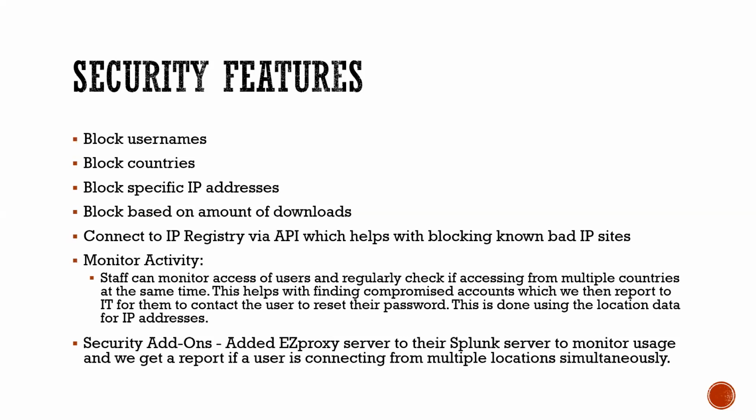And we've also worked with our IT department to add the EZproxy to their Splunk server, which basically notifies us if someone is using the same login from multiple countries within a certain time frame. The nice thing about this is it's given us a little bit of goodwill with our IT department, because we are generally finding compromised accounts at Grand Valley faster than the IT department is, and they tend to really like that.